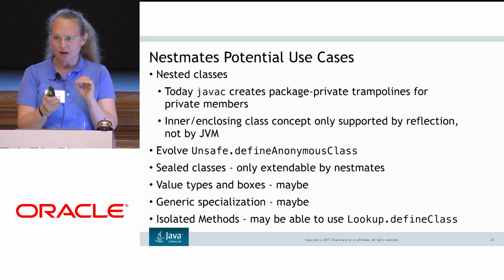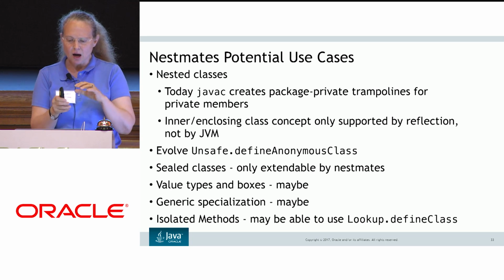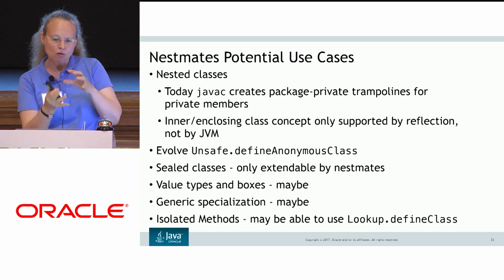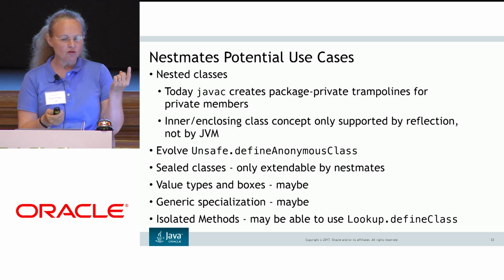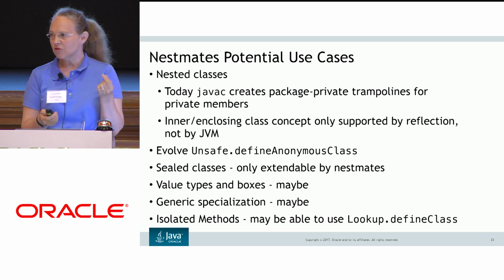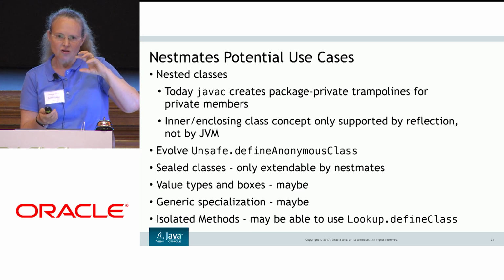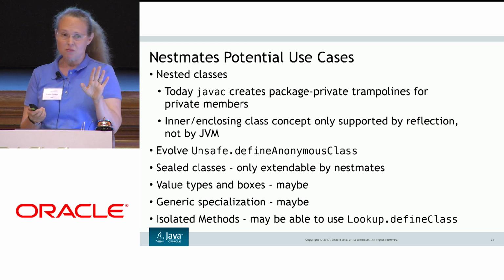So I'll describe to you what nestmates are, but we've discovered that there's a common need for a concept, which is an access control context, which we might be able to use for sealed classes to only allow them to be extendable by nestmates. Value types in their boxes may have a tighter connection than regular classes or may not, implementation specific.